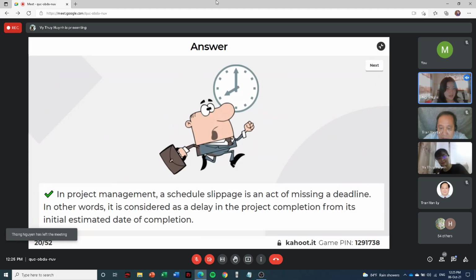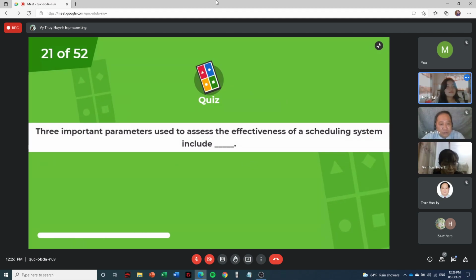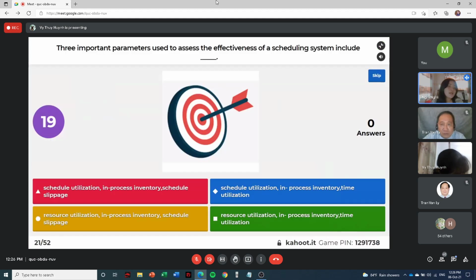So in project management, a schedule slippage is an act of missing a deadline. In other words, it is considered a delay in the project completion from its initial estimated date of completion. Okay, next question. Three important parameters used to assess the effectiveness of a scheduling system include.